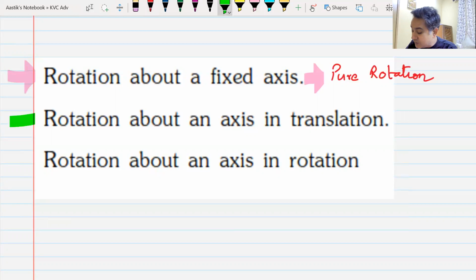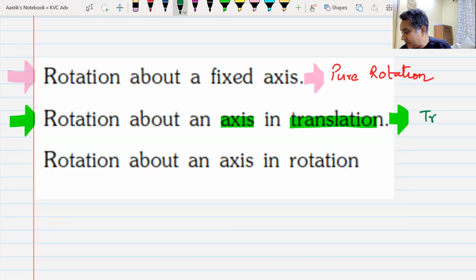Then what is the second one? Rotation about an axis which is in translation. That means this will become combined. Combined what? Translational plus rotation. The third and the most difficult type is rotation about an axis which is itself in rotation.